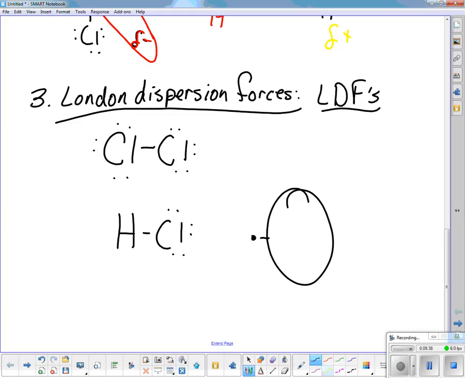And what can happen is all these electrons on this really big molecule sometimes are on one side of the molecule compared to the other, because remember they orbit, right? And so sometimes they get shifted off to one side, and that causes a dipole effect, which makes it a stronger bond. Okay? Just know that LDFs for the most part are weak unless we have an itty bitty to a large molecule. Okay? So these are the three forces or three bonds that we call intermolecular forces or IMFs.